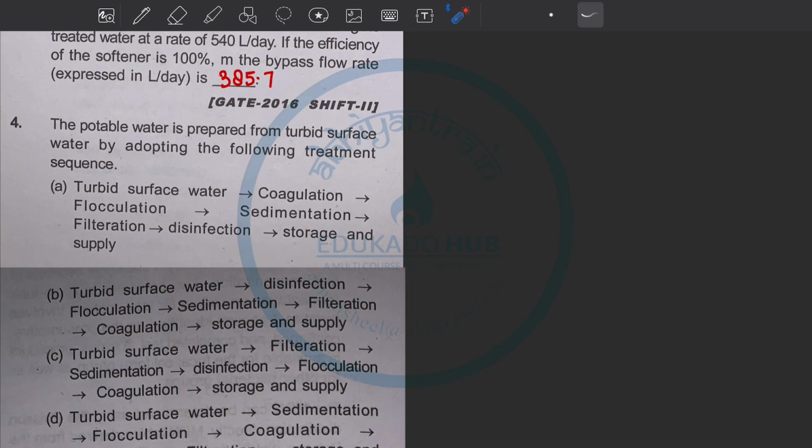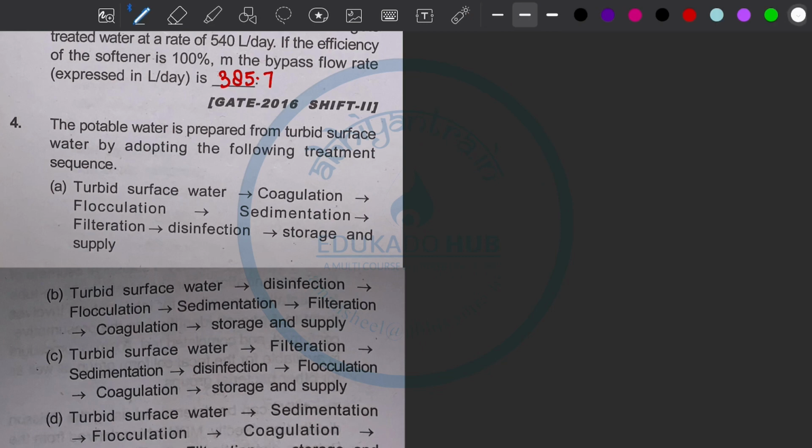The fourth question is: potable water is prepared from turbid surface water by adopting the following treatment sequence. We need to know what should be the sequence of treatment for the water.